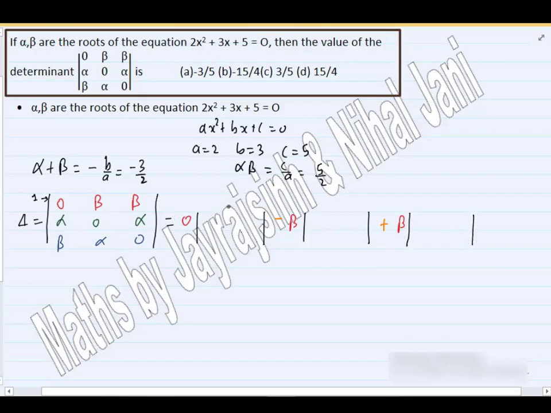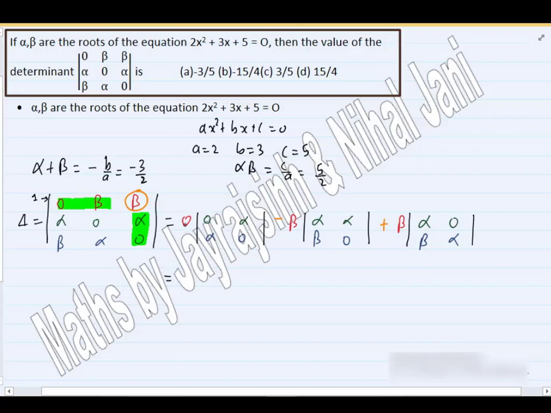Our first determinant will be 0 alpha, alpha 0. Then the next determinant will be alpha alpha, beta 0. Similarly, the last determinant is alpha 0, beta alpha.